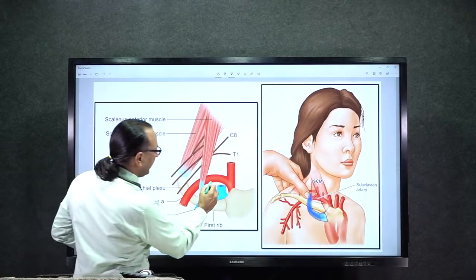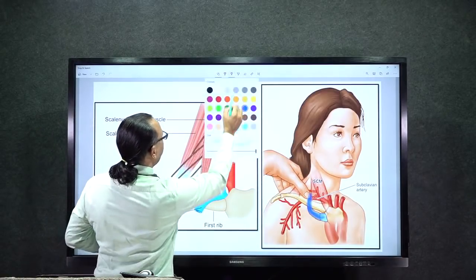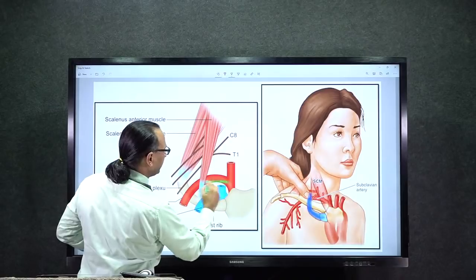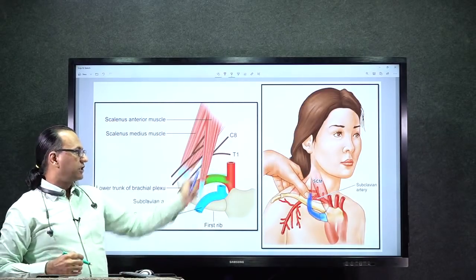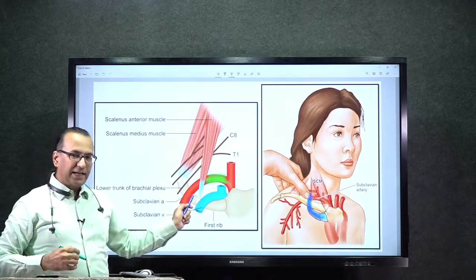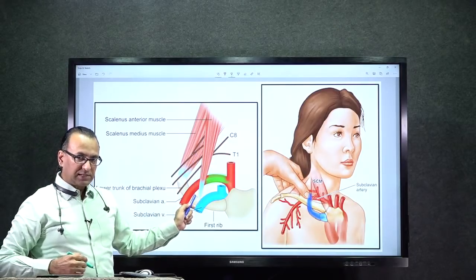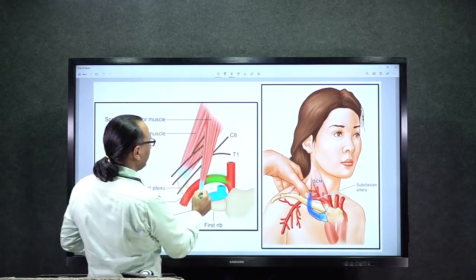Now here is the subclavian artery. Let me show you the details. First part of the subclavian artery is proximal to this muscle called scalenus anterior muscle.